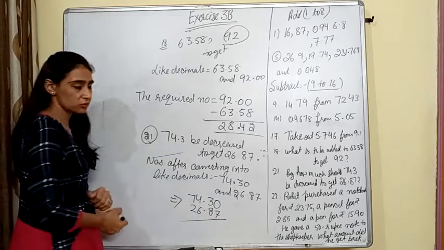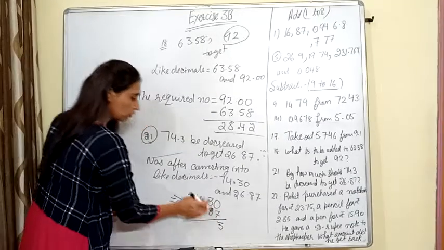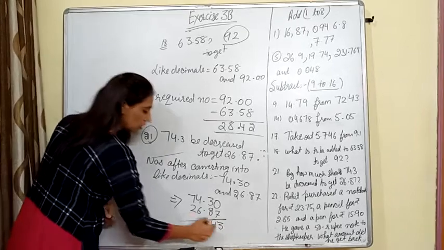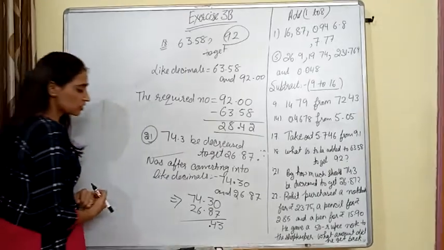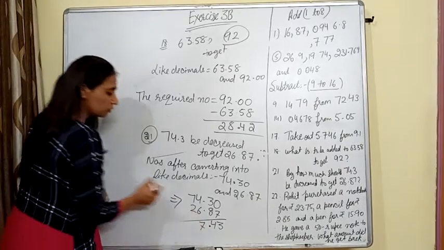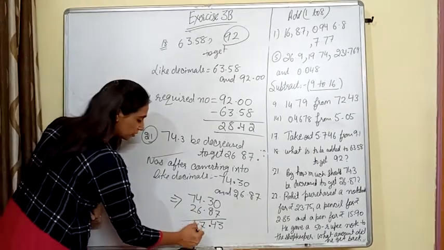Now subtract this. Here will be 3, from 12 8 will go, here will be 4 point. Now from 13 6 will go, you will get 7, here will be 6, from 6 2 will go, you will get 4.